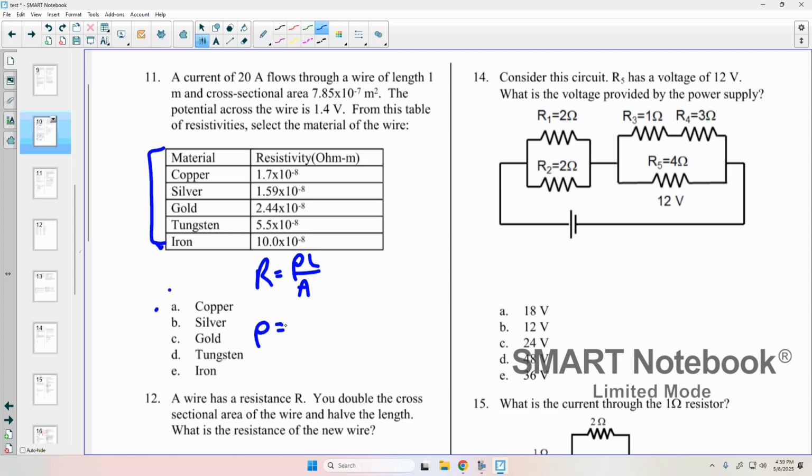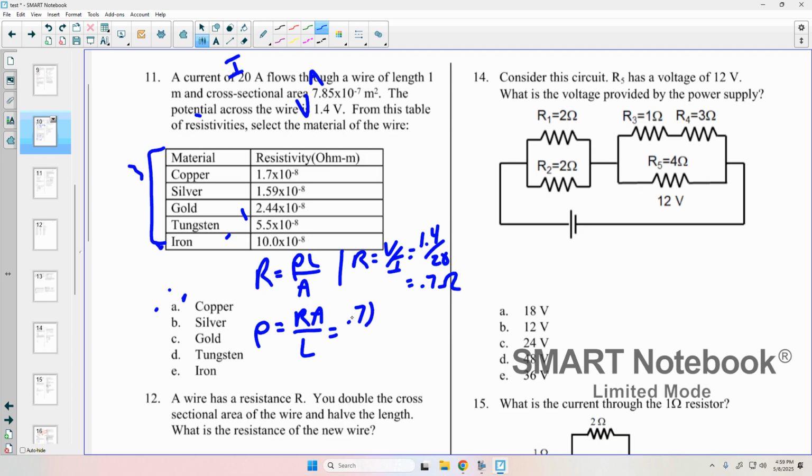So I know that rho is equal to RA divided by L. I know the current, I know the area, and I know the voltage, so I'm missing the resistance. The first thing I need to do is find the resistance. I know that R is equal to V over I, from Ohm's law. That's 1.4 over 20. That's 0.7 ohms, isn't it? Yeah, 0.7 ohms.